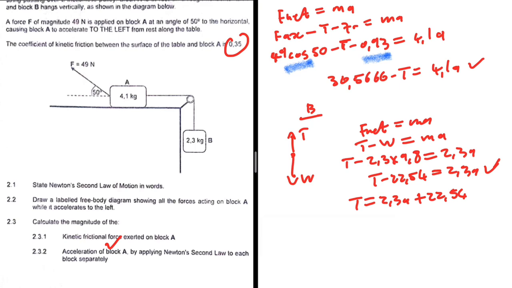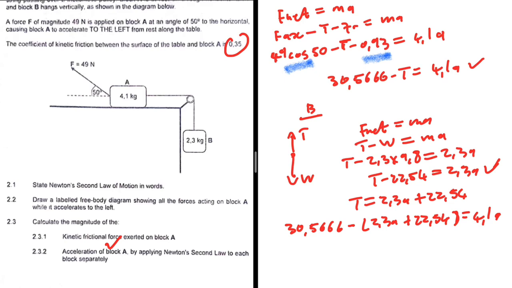So if we substitute this T in equation 1, we get 30.5666 minus the tension, which is 2.3a plus 22.54. This is equal to 4.1a, right?